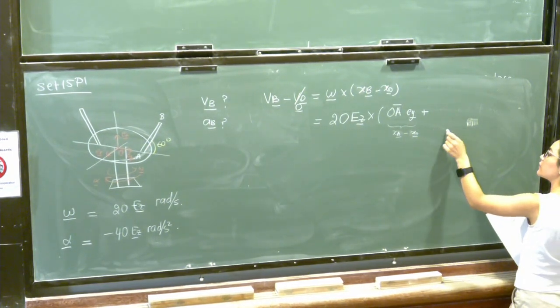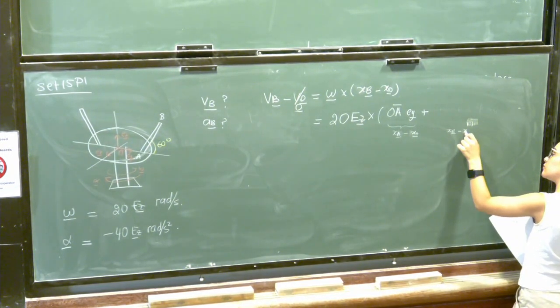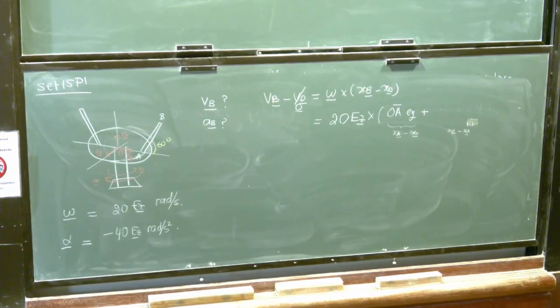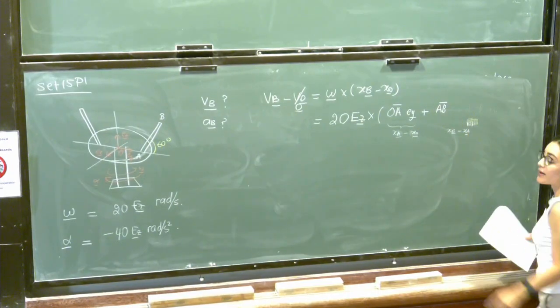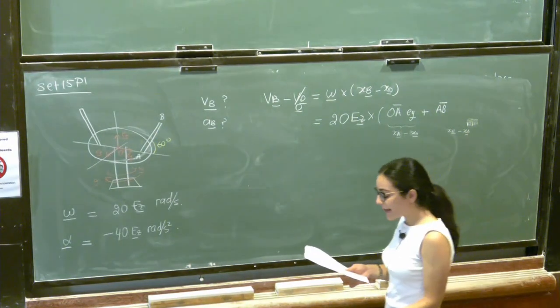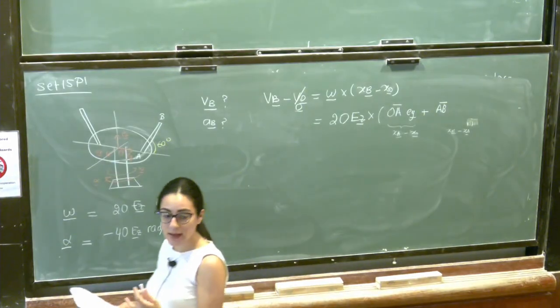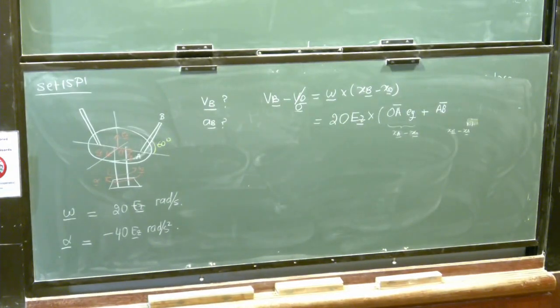What is that equal to? Right, XB minus XA has two components. What are the directions of these two components?